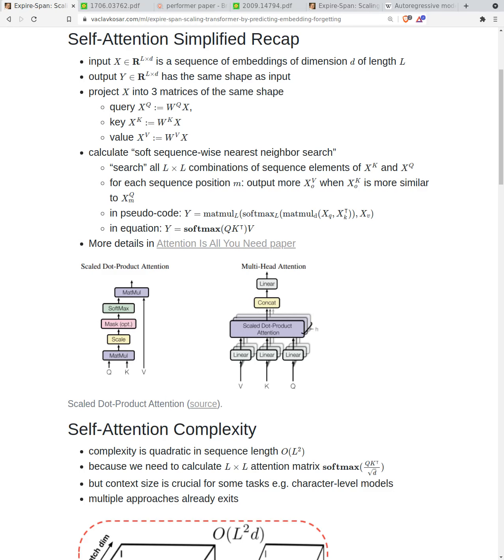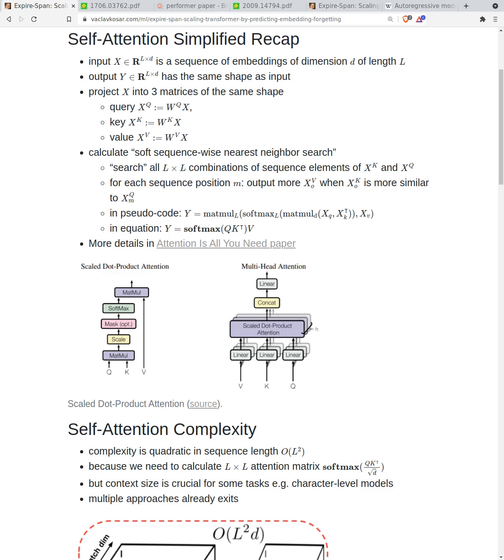We first do effectively dot products between our keys and queries, and we do that in the dimension d of the embeddings. Then we perform softmax in one of the sequence dimensions. So we find the biggest match between keys and queries, and for the biggest match in that position, we output the corresponding value more.